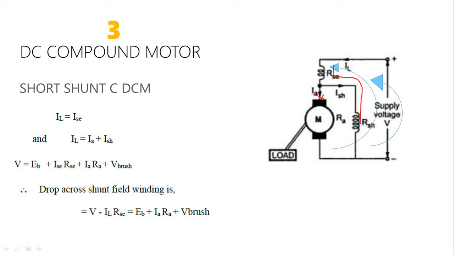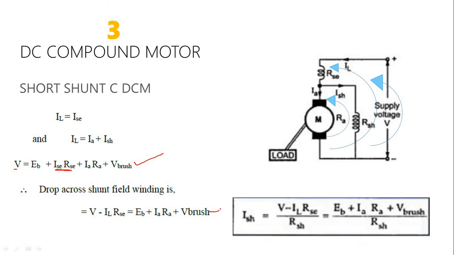By neglecting this parallel combination, you can apply KVL and get V minus IL into RSC, where IL equals ISC here. V minus IL into RSC is given by EB plus IARA. From this expression I can also get the drop across the shunt field winding, that is V minus IL RSC.